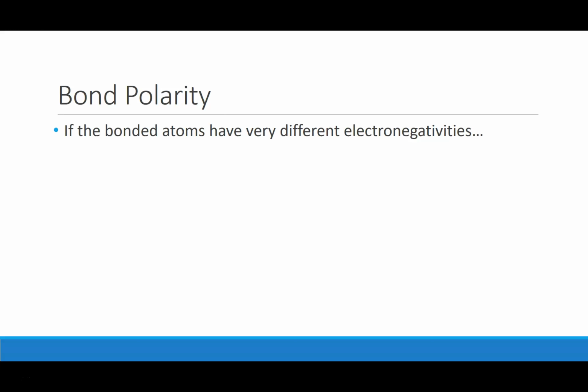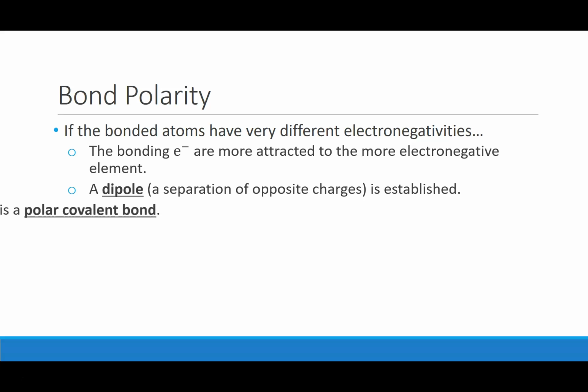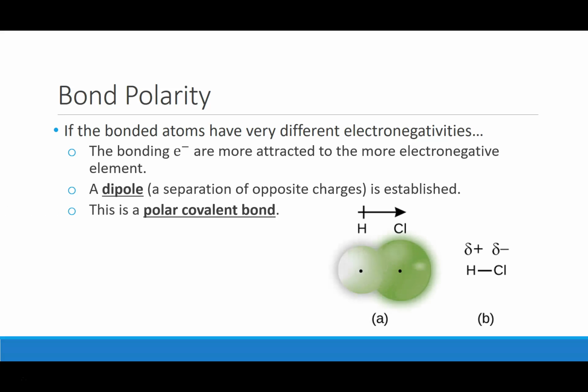If the bonded atoms have very different electronegativities, then the bonding electrons will be more attracted to the more electronegative element. In this case, a dipole, or a separation of opposite charges, is established, and a polar covalent bond is formed. In this picture, we see an example of a polar covalent bond in the HCl molecule.